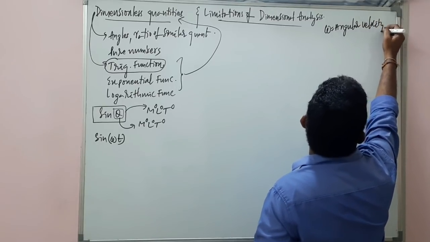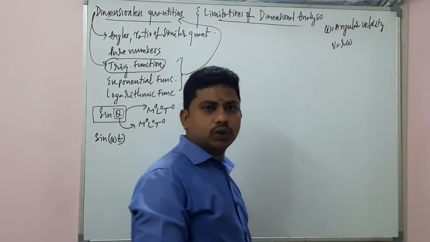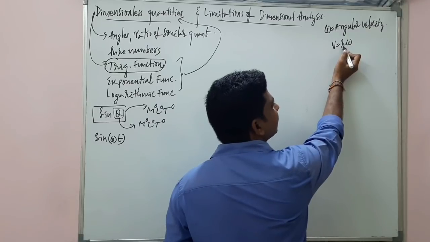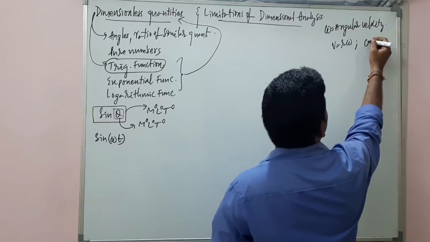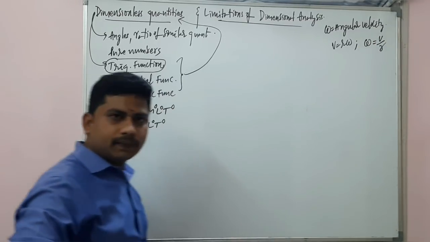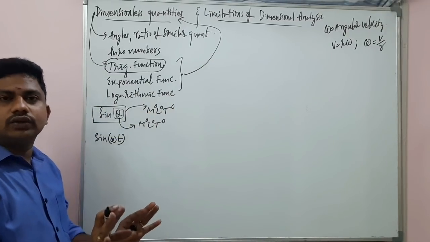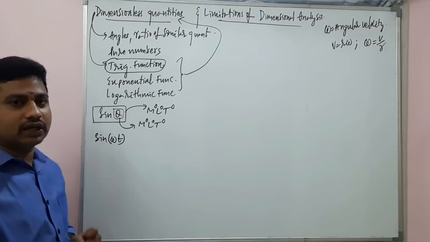I hope you recollect this: v is equal to r omega. Linear velocity is equal to r, the radius of the circular path, into angular velocity. From here, omega is equal to v by r. Actually it's not required, but I would like to recap what omega is exactly.